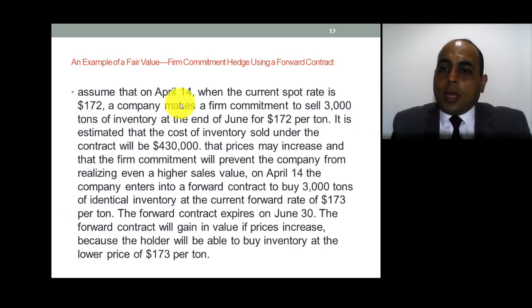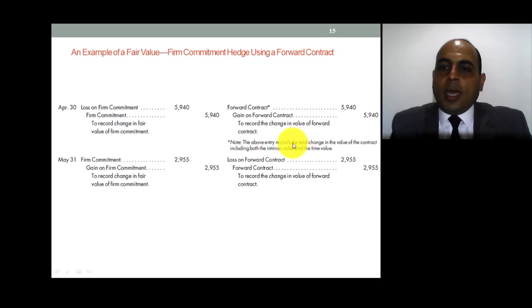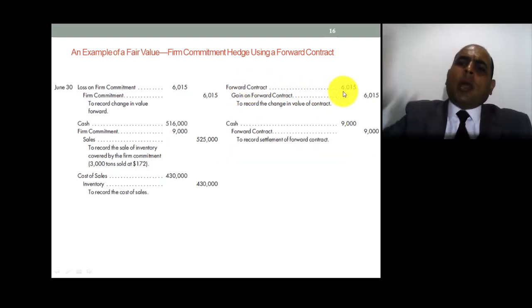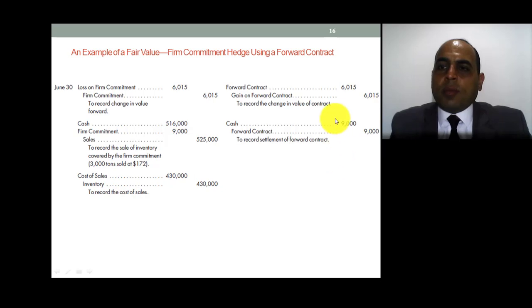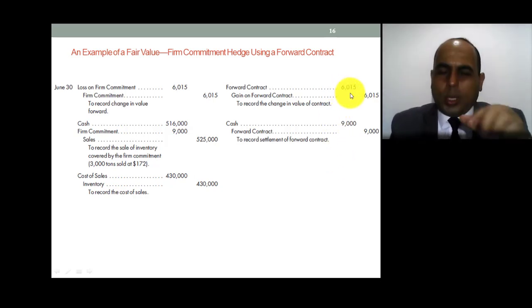We have settled the forward contract, so we will receive the amount of gain. Here calculate it, forward contract debited by 5,940, again credited by 2,915, debited by 6,500. The net amount that we will receive equals 5,940 minus 2,955 plus 6,015, in total equal 9,000.